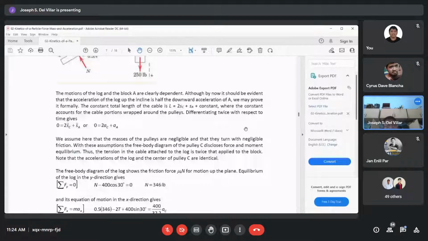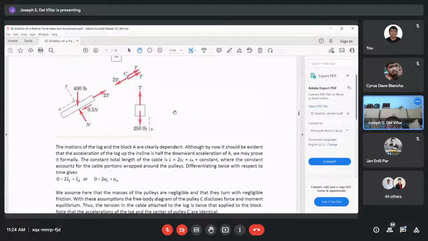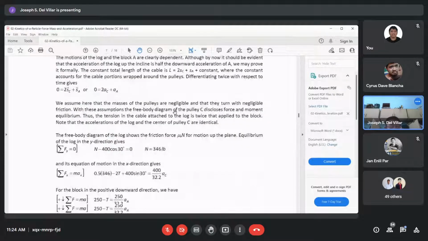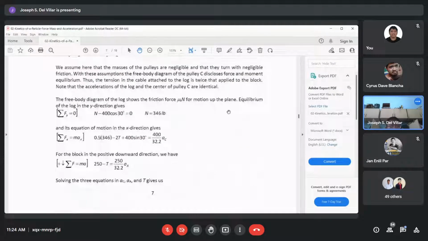Because of this, the acceleration equation is derived from the distance, 2s sub c plus s sub a. So the free body diagram of the lug shows the friction force mu k times N for motion up the plane.